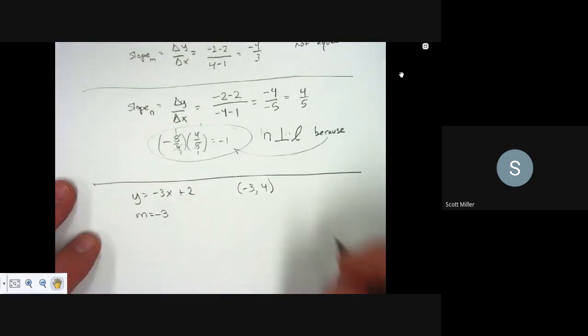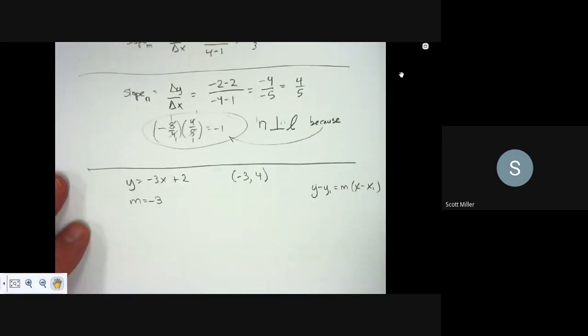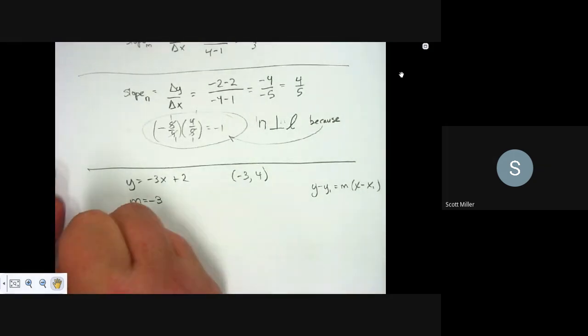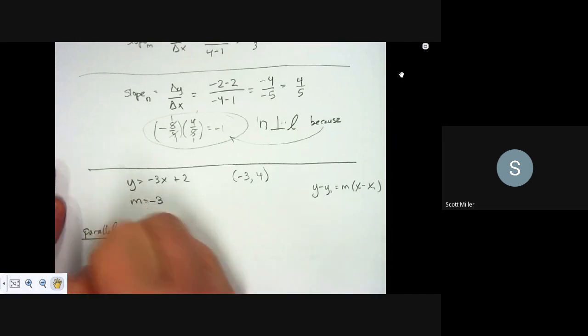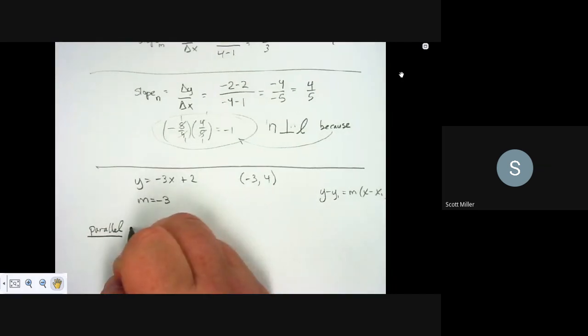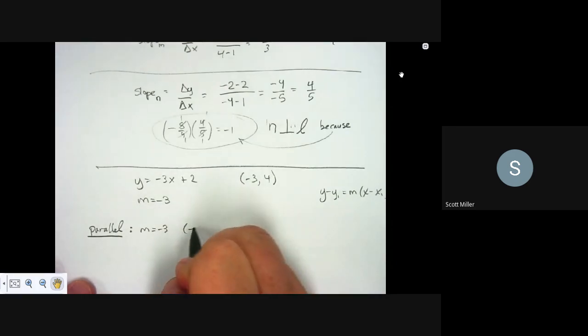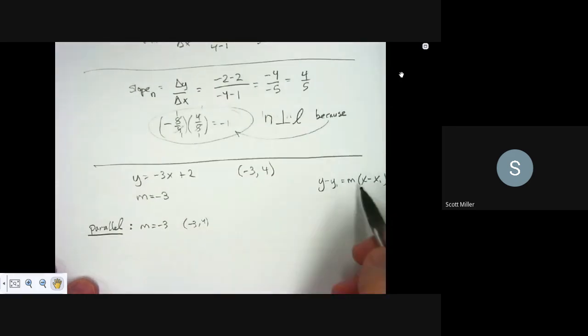Okay, we're going to use the point-slope equation. So for the parallel, our line has the same slope. So our slope is going to be -3. Our point is (-3, 4). Let's plug into that formula.